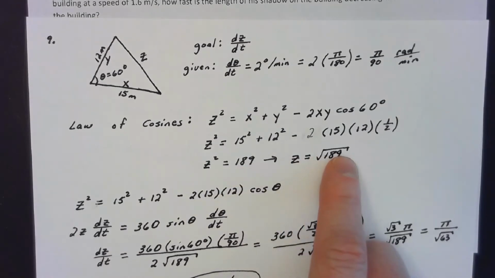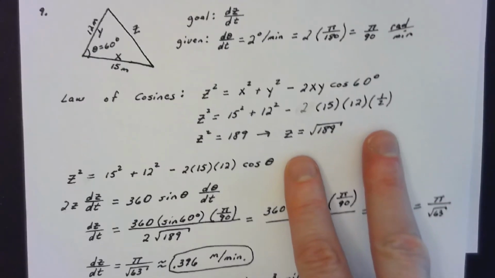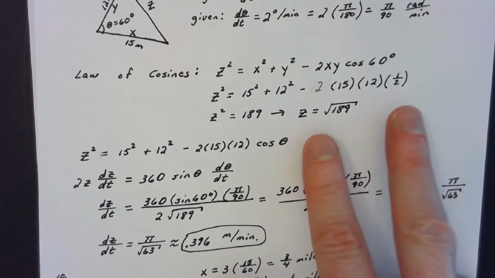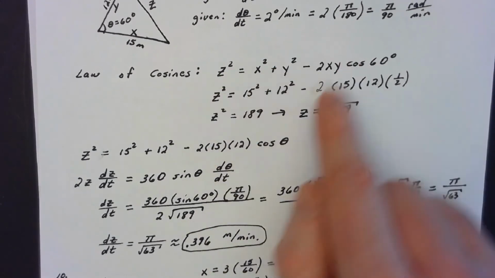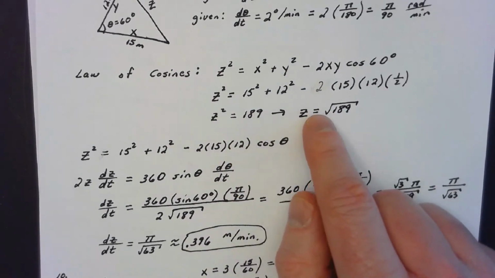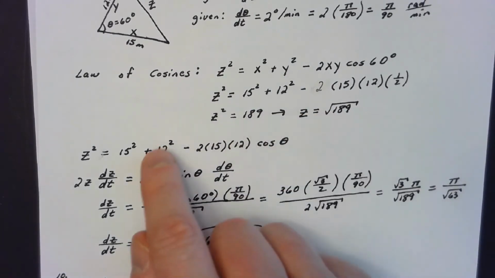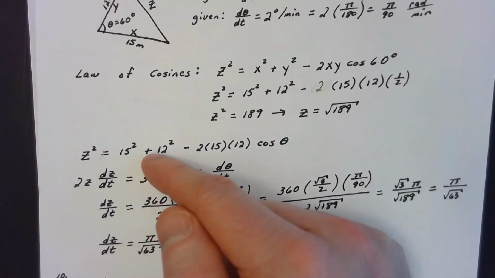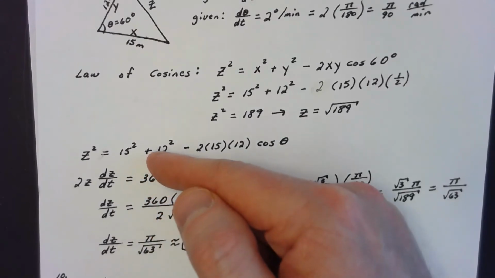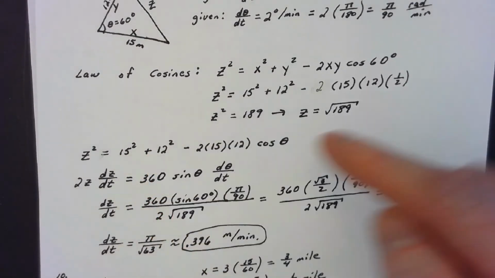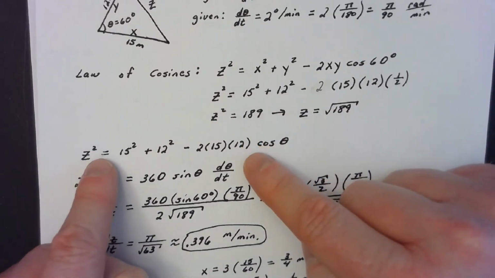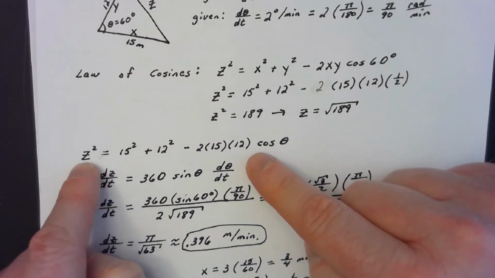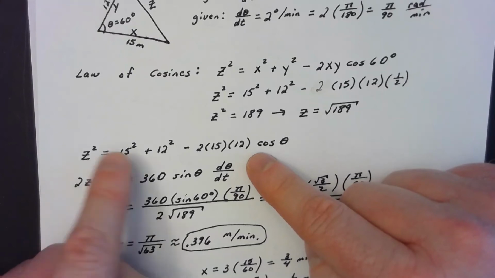Now, in order to find something out about dz dt, I had to plug things in to find out the length of z. Now, in this problem, anything that varies must have a variable before I can take the derivative. So notice here when I'm trying to set up my derivative equation, z is varying, so it must have a variable.